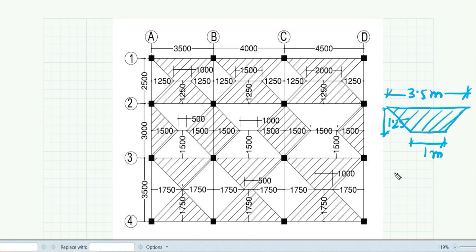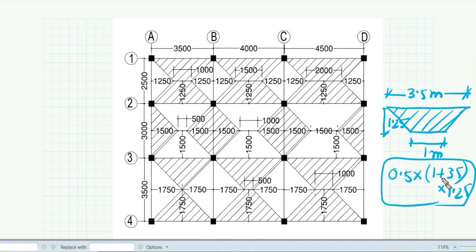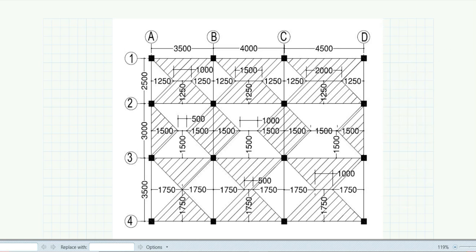The area of the trapezoid is half into the summation of the parallel sides, that is 1 plus 3.5, into the height, that is 1.25. This is the area of the trapezoid, right? So this calculation will be needed. Okay. Now let's see in the next page.